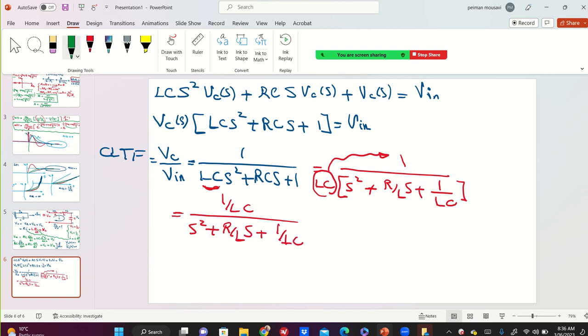Have you seen this before, guys? Yes, in the mass spring damper.